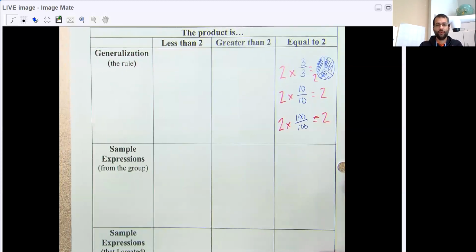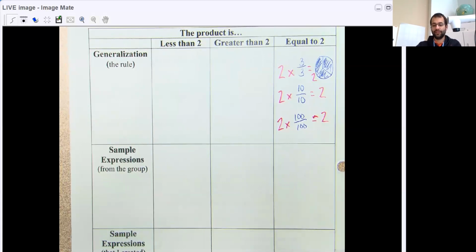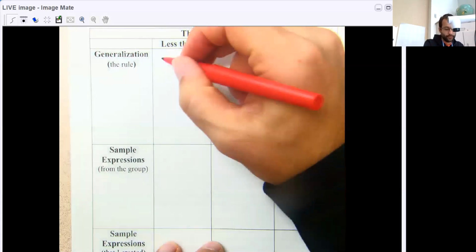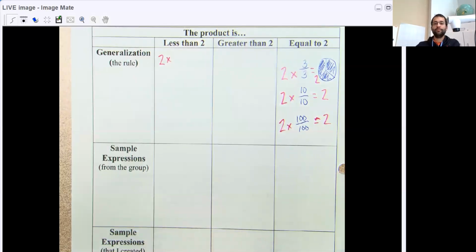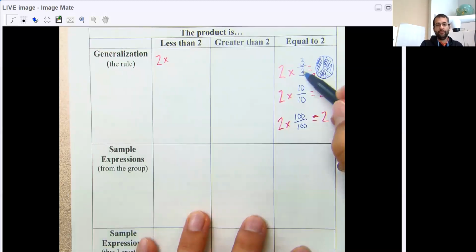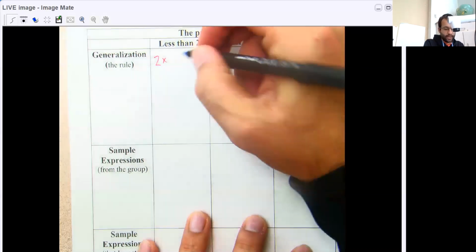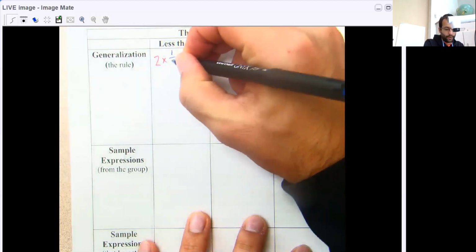So I'm going to shift this over, something that's less than 2. So I'm going to once again start with 2. Now, in order to find something less than 2, I have to find a fraction that's less than 1, meaning my numerator has to be smaller than my denominator, okay? So let's try, instead of 3/3, let's try 1/3.